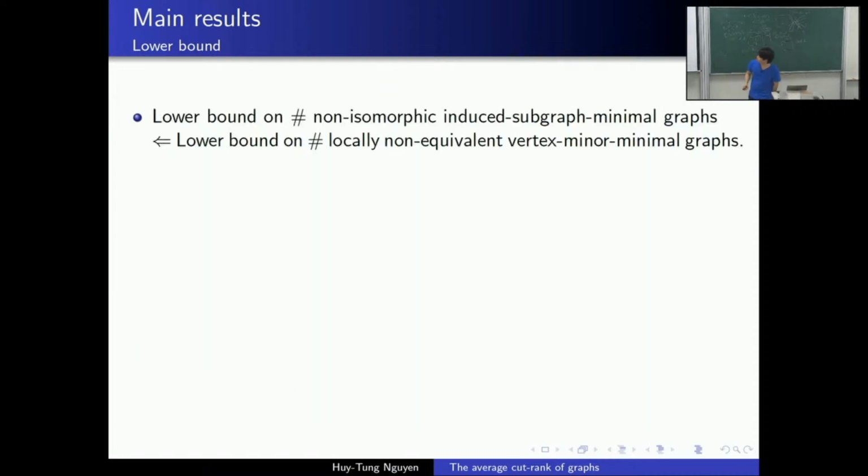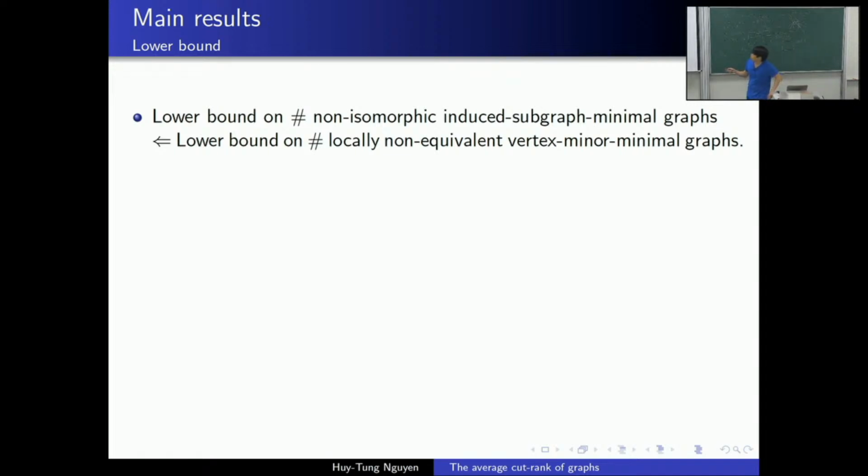Okay. And so for the lower bound, a lower bound on the number of non-isomorphic induced-subgraph-minimal graphs can be deduced from that on the number of locally non-equivalent vertex-minor-minimal graphs, right? Because we have known that a vertex-minor-minimal graph is an induced-subgraph-minimal graph.